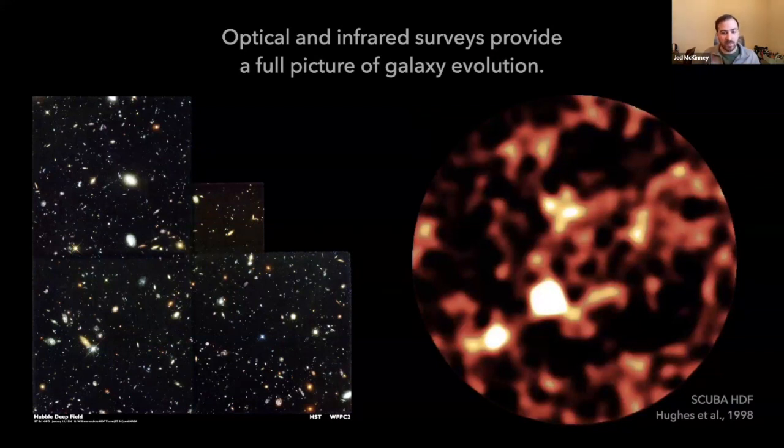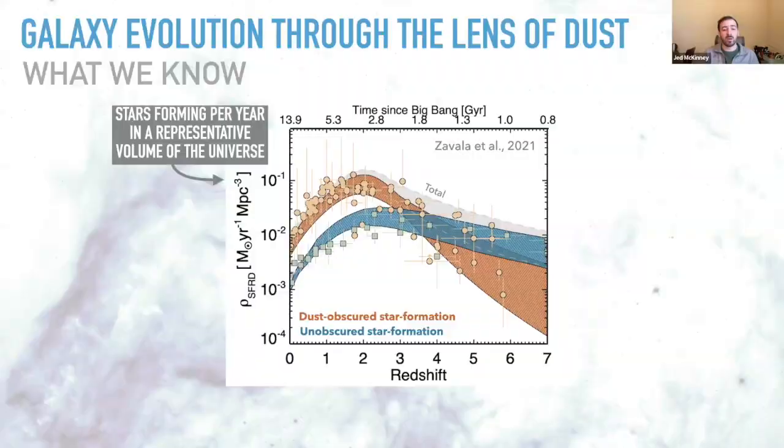So given that we have these perspectives now from many telescopes, both on the ground and in space, I'm just going to review a few key tenets of extragalactic astronomy, particularly related to galaxy evolution, some major things that we know. And what we know is well summarized by this figure.